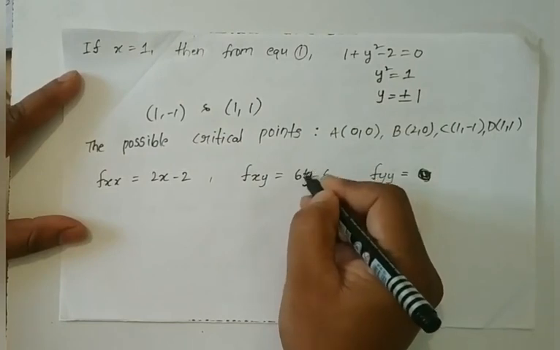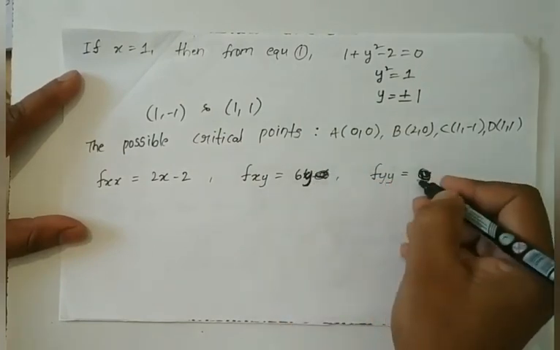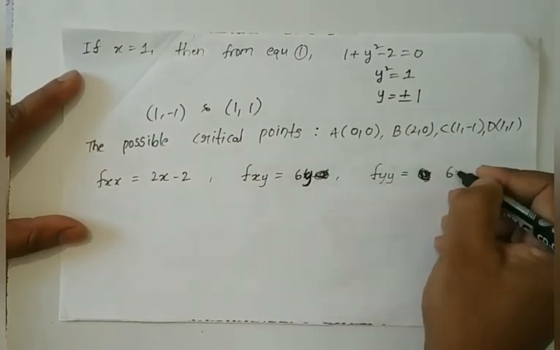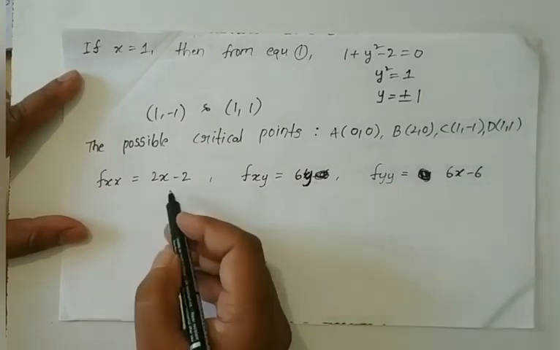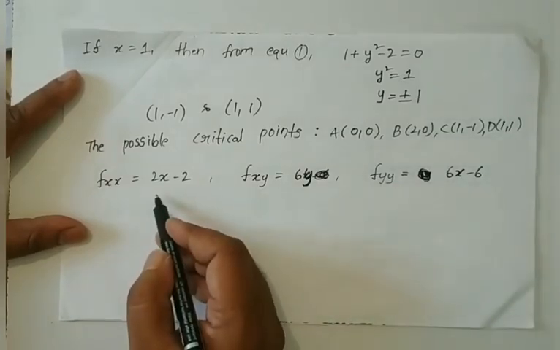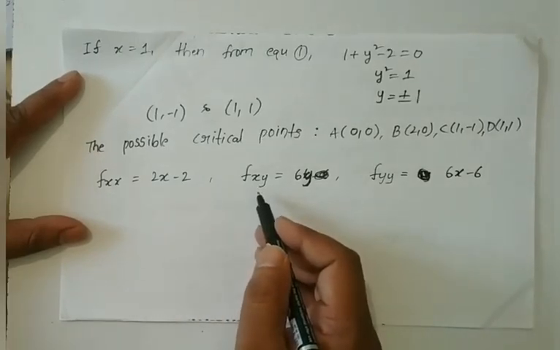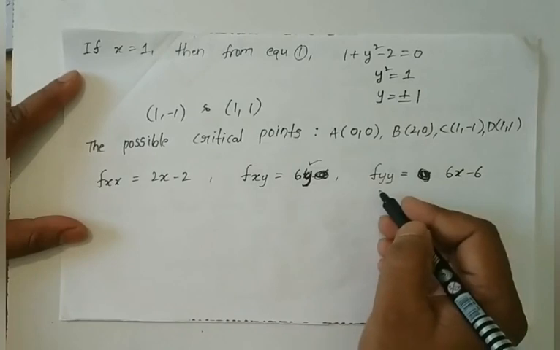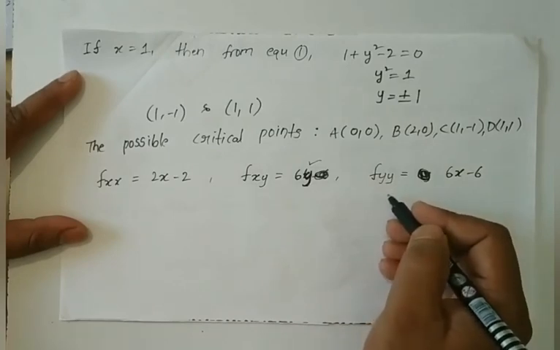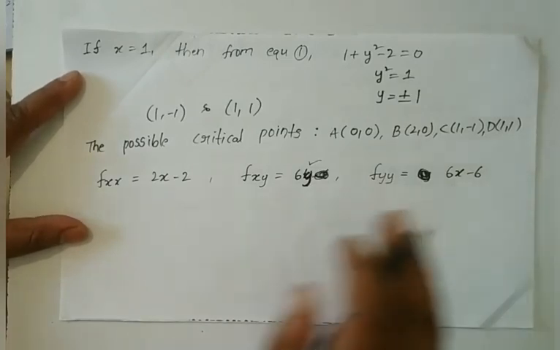And fyy is nothing but 6x minus 6. Fxx is nothing but 2x minus 2, right? Fxy is nothing but 6y, right? Fyy is nothing but 6x minus 6. That's all. Okay, clear.